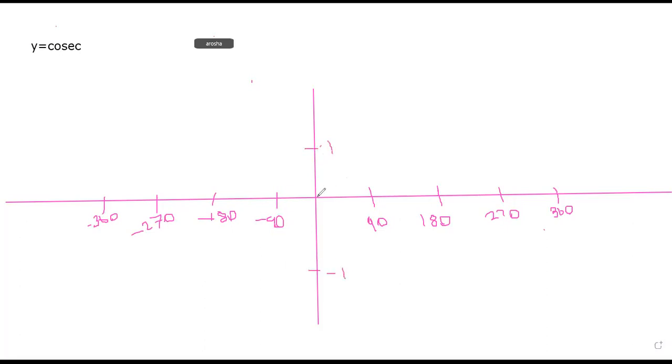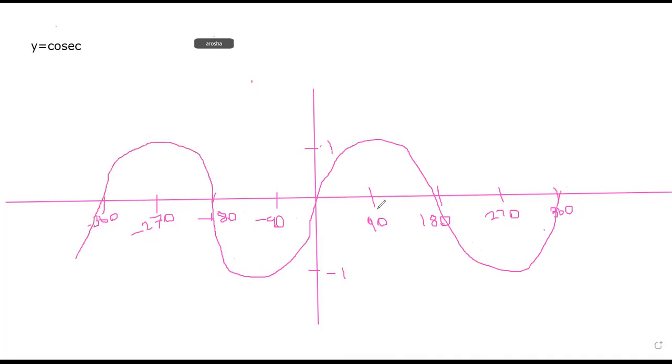We can remember how we drew the sine graph. That is how we draw a sine graph.